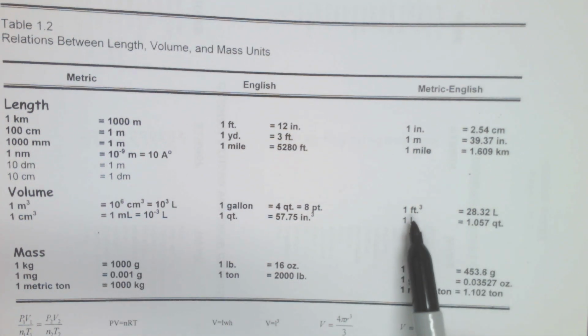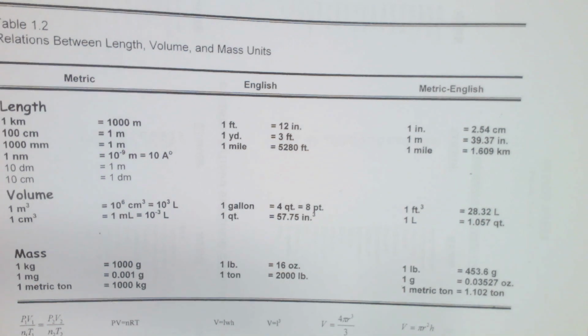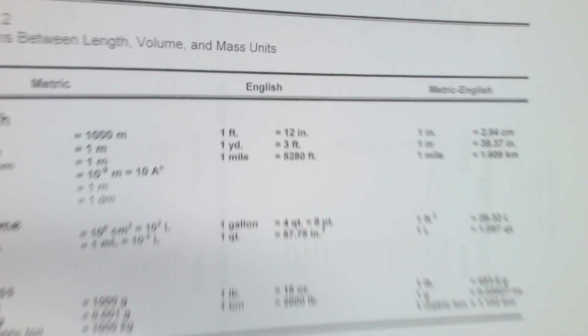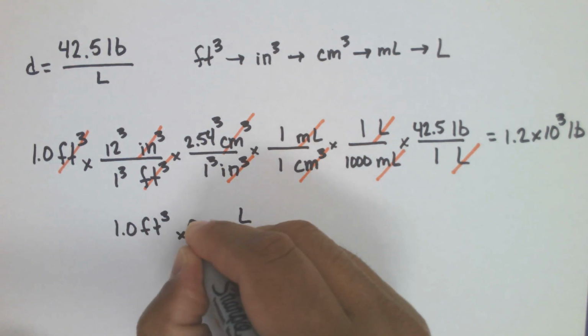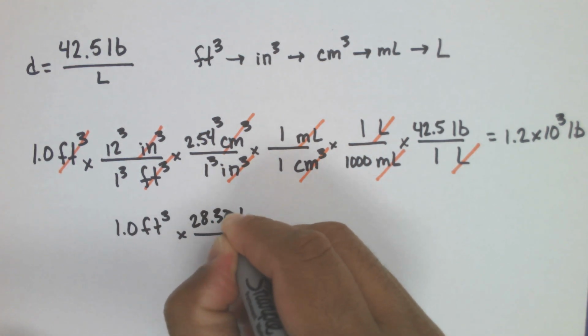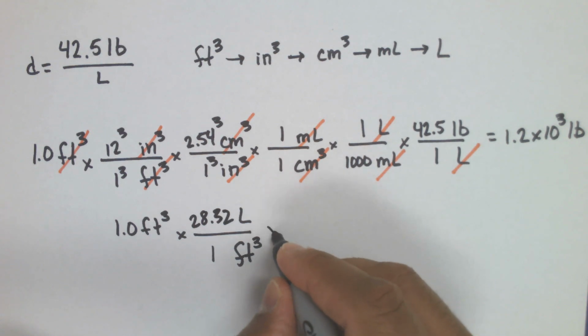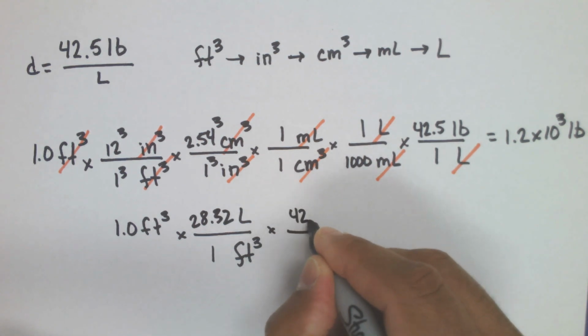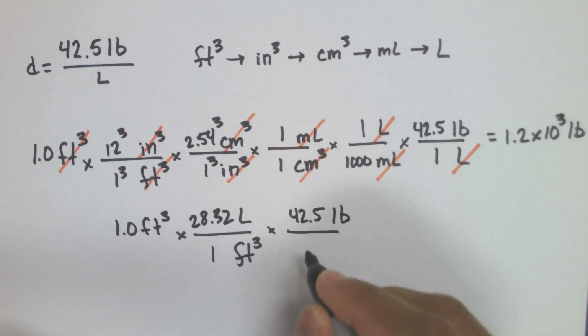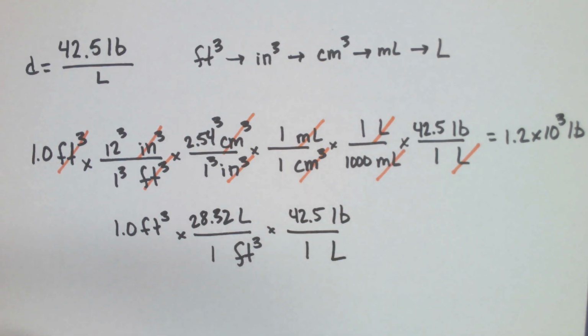At least in this table, I do have the foot cube to liter conversion, so I can actually just plug this in. So if you have this table, of course, this would be the simplest way to get there. So 1 foot cubed is 28.32 liters. And then, of course, that last step here stays the same, 42.5 pounds for every 1 liter.